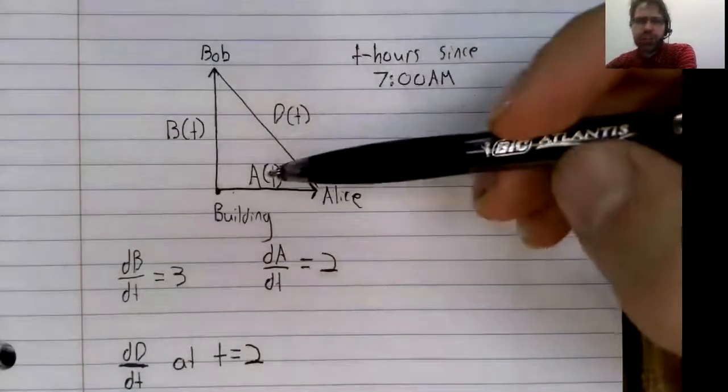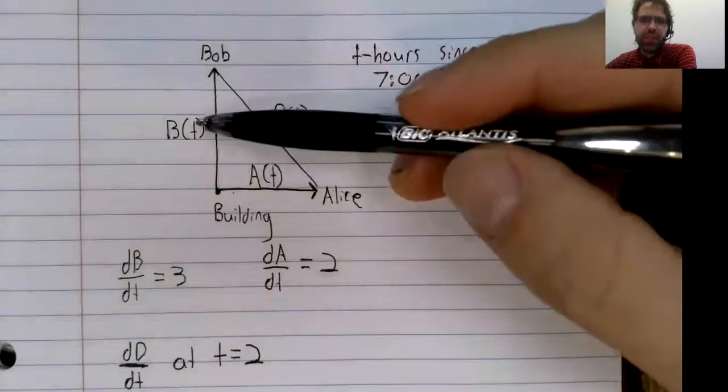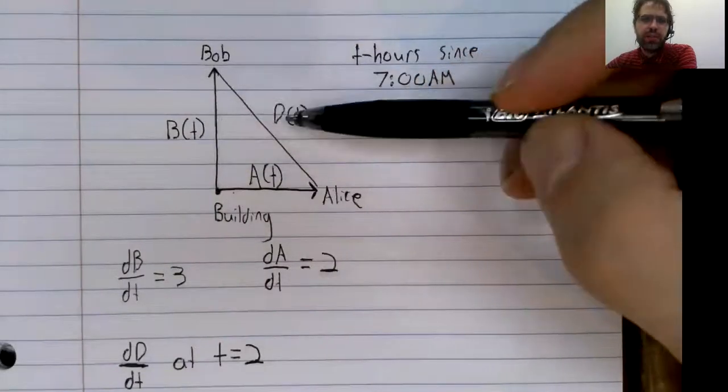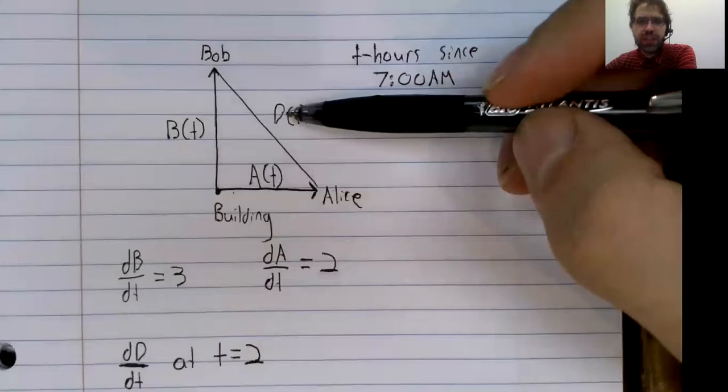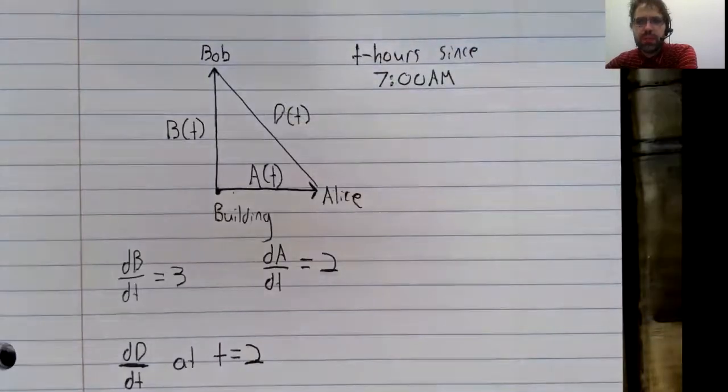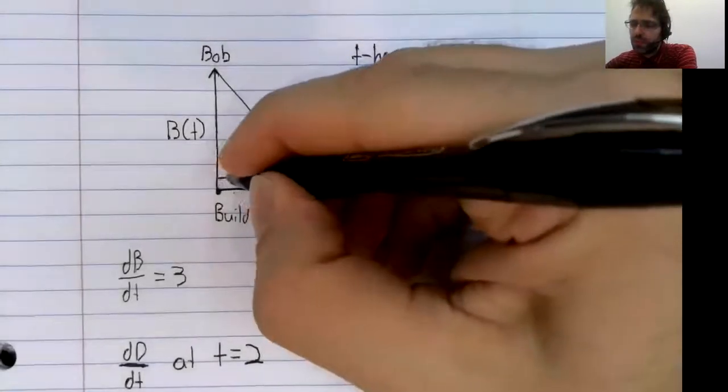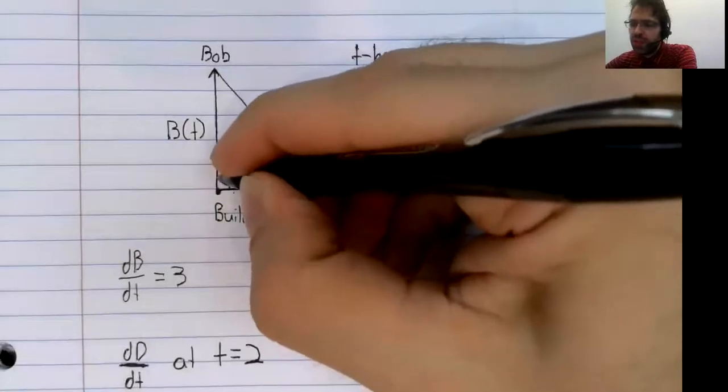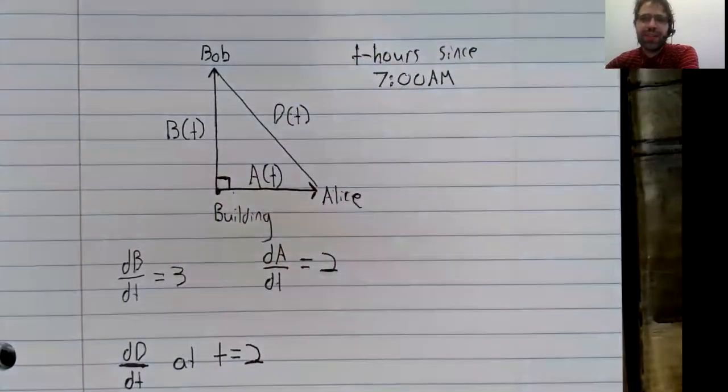So how can we relate A and B and D? And here's where we sit and think. And maybe we try some things, they don't work. We try some other things. There's no one size fits all way of doing this.